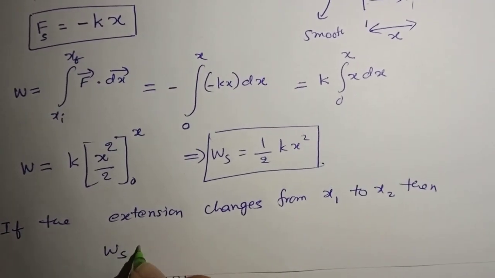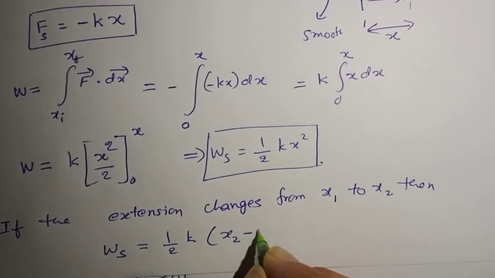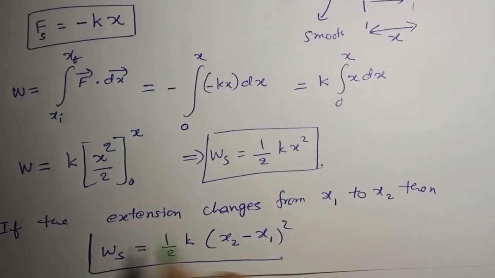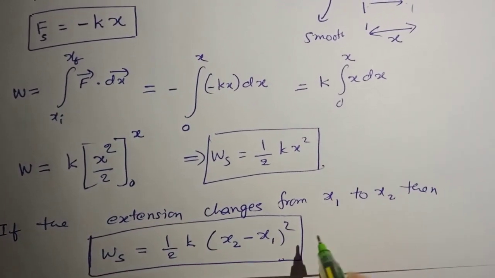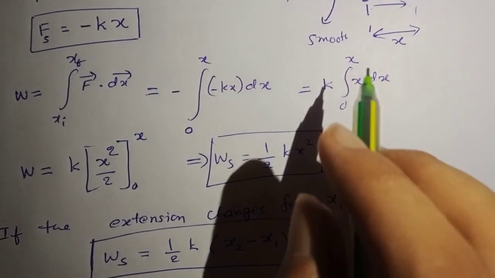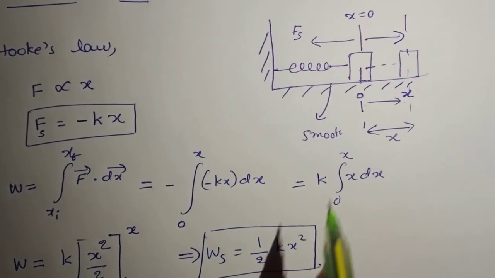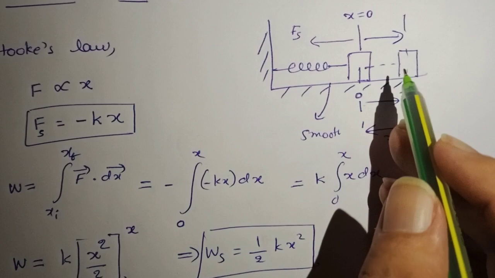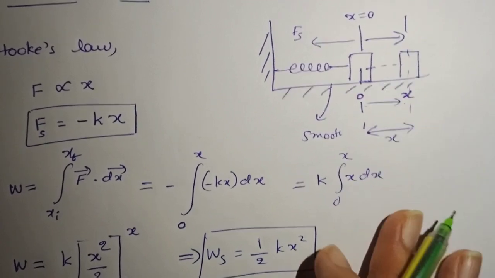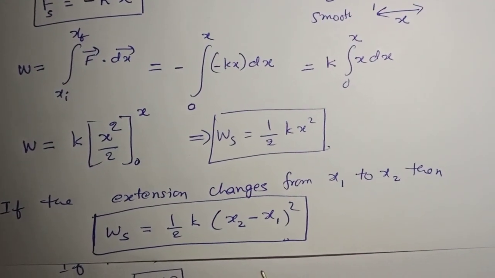Then work done by spring force is given by half into k into x2 minus x1 whole square, when the extension changes from x1 to x2. When the spring goes from 0 to x, it is simply half kx square. When originally the extension is x1 and then the later extension will be x2, then the work done is given by half into k into x2 minus x1 whole square.